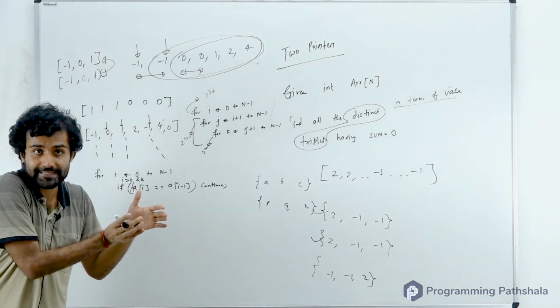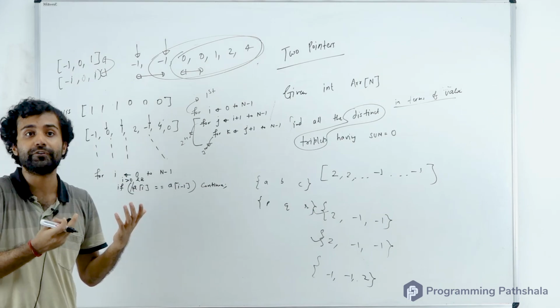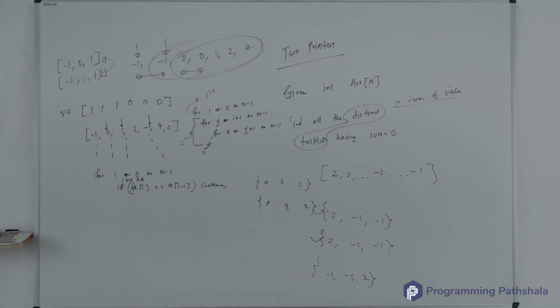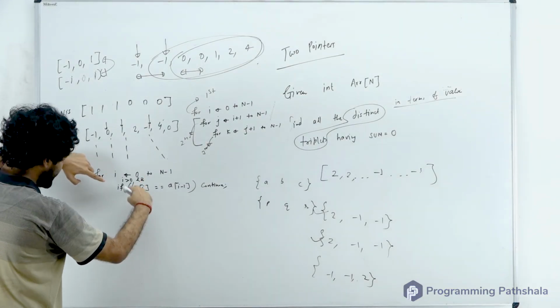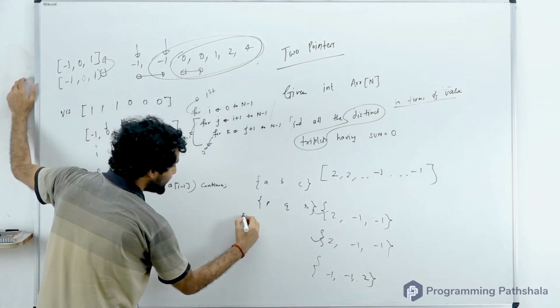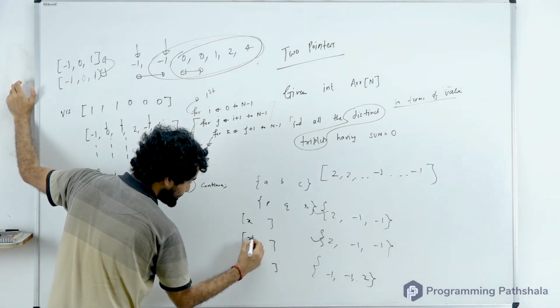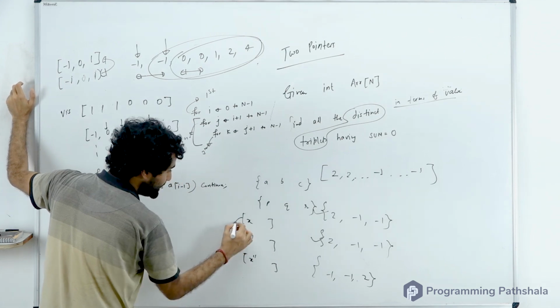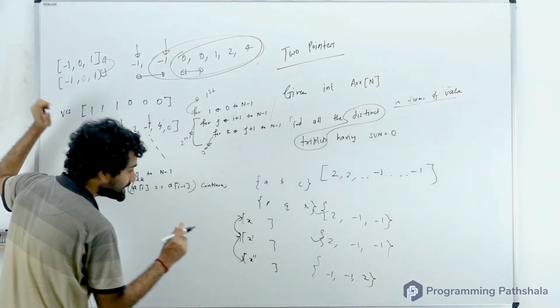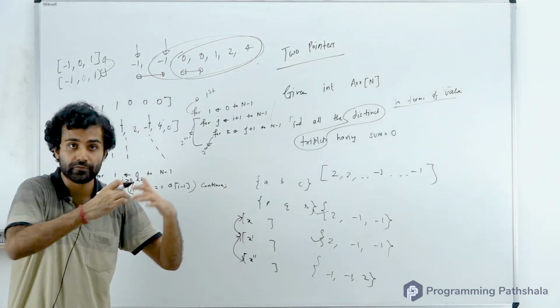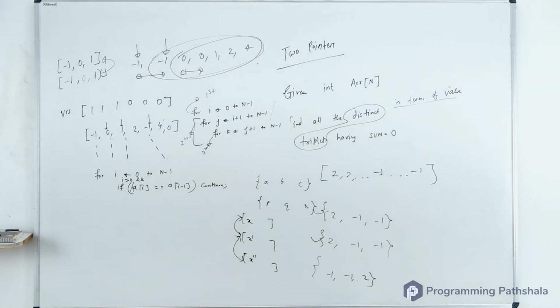So I must consider this as the first element of whatsoever triplet I am trying to generate. This step will guarantee that the first elements of all my triplets are never equal, correct?